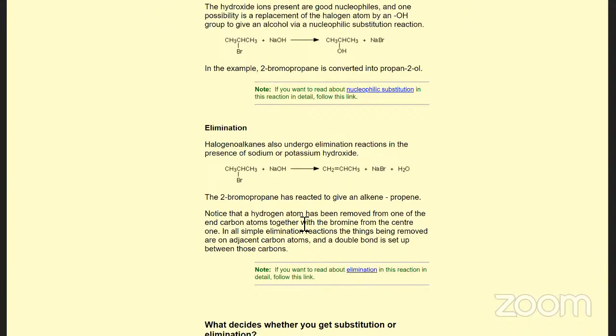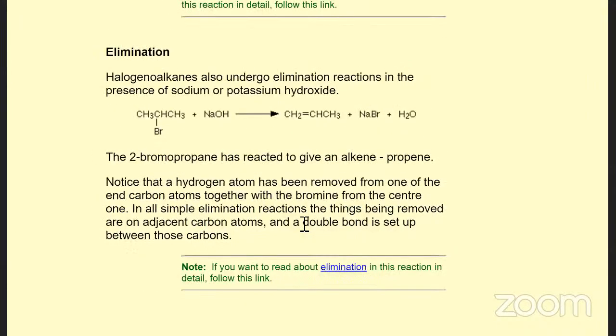This one, this is authentic. Okay, it's going to be NaBr and H2O. Not sure why the book has HBr. Okay, so that is correct. The marking scheme is correct. Is that clear?